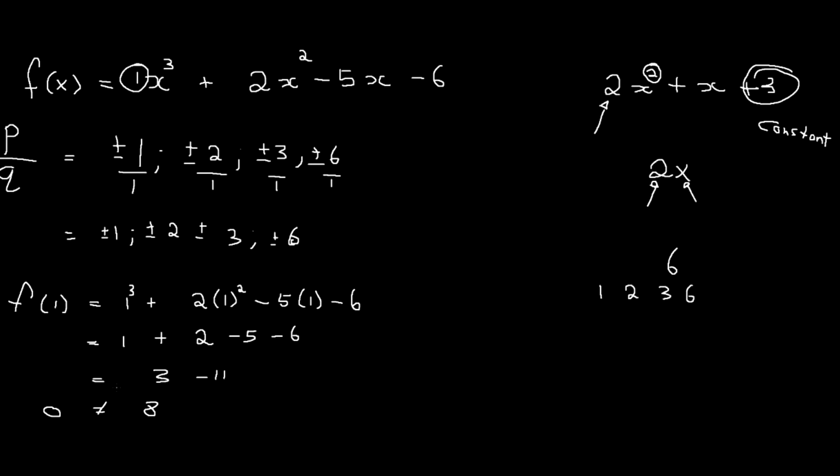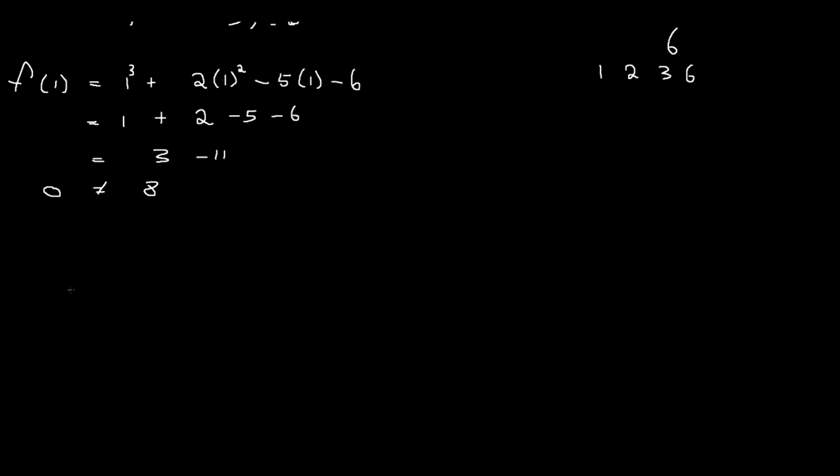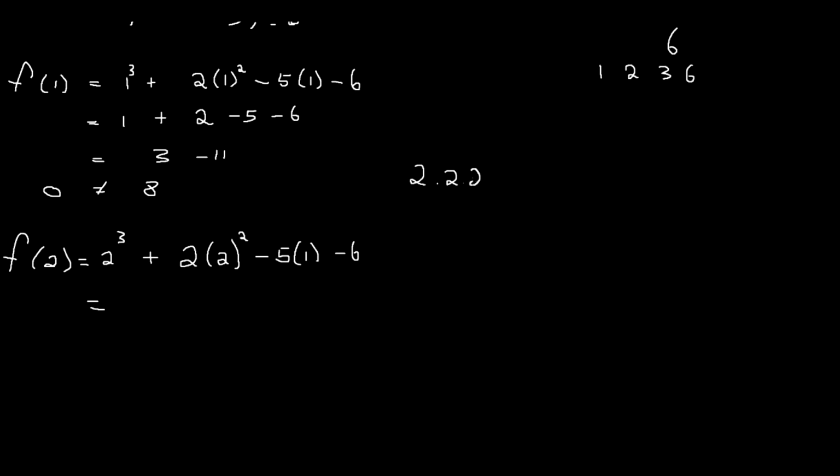So now let's try with 2. 2 to the power of 3 plus 2 times 2 squared, minus 5 times 2, minus 6. This 2 to the power of 3 simply means 2 times 2 times 2, which is 8.